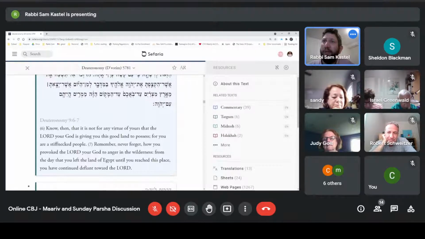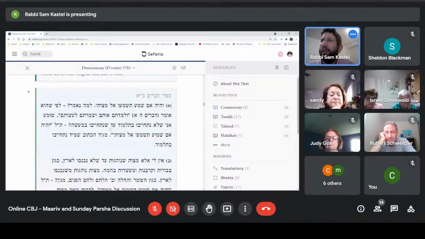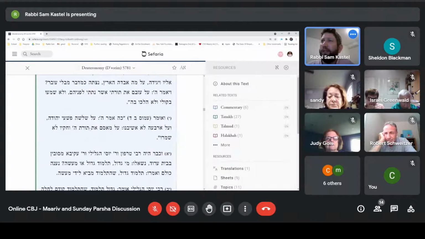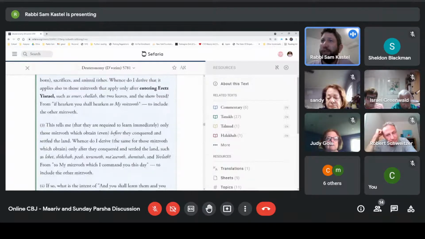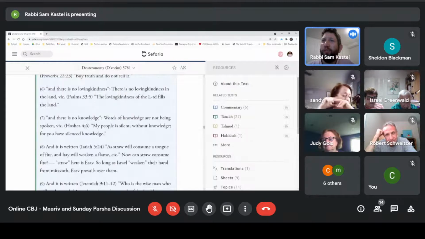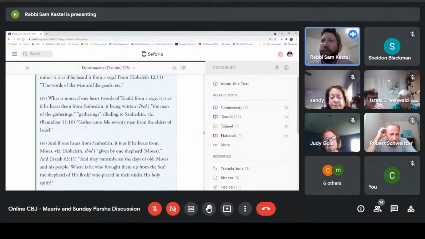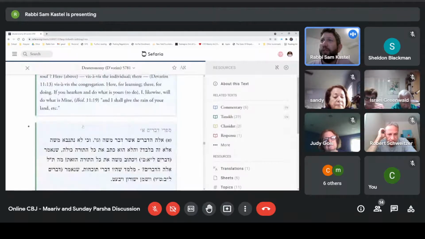But I think the book of Deuteronomy is, let's see. Yeah, I'm just going to jump to this because I don't know if we're going to have time for the other one. So the Sifri on Deuteronomy is quite extensive, as you can see.